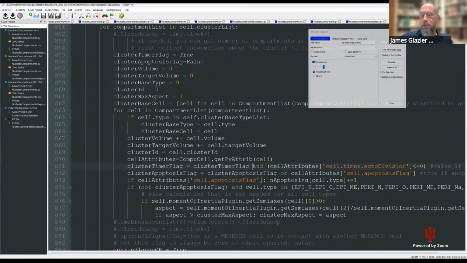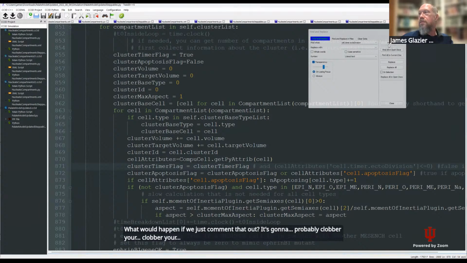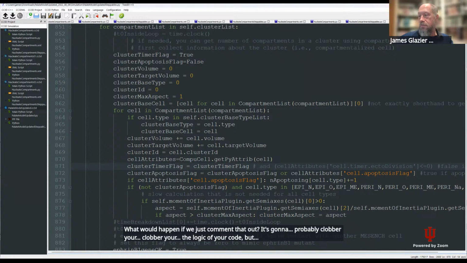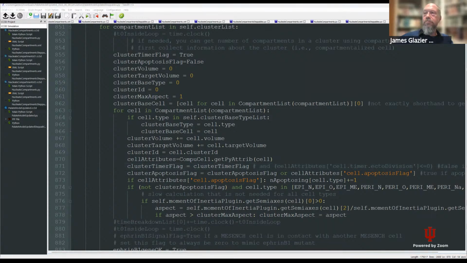What would happen if we just comment that out? It's probably going to clobber the logic of your code, but let's just see if we can get it to execute. The cell apoptosis flag is also not set, also in line 872.